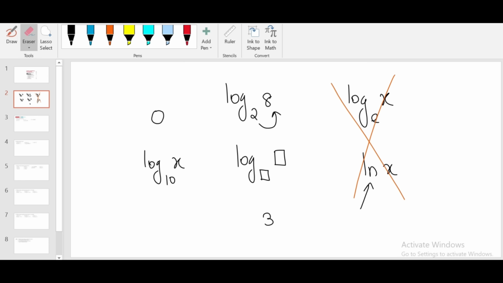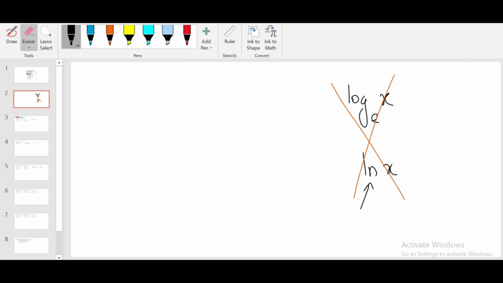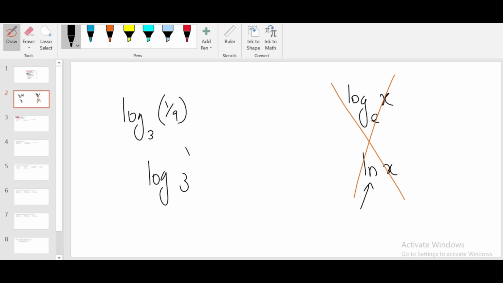But when you write a logarithm, this is how you should write it: let's say log 1 over 9 to the base 3. What you're not supposed to do is write it the other way. Don't write this way.